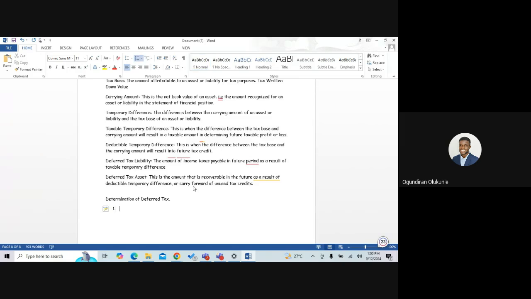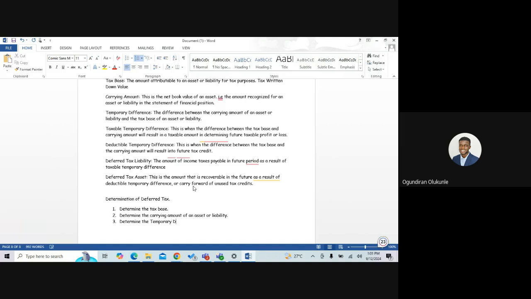Step one, determine the tax base, right? Step two will be what? Determine the carrying amount of an asset or liability. Step three will be what? Determine the temporary difference.